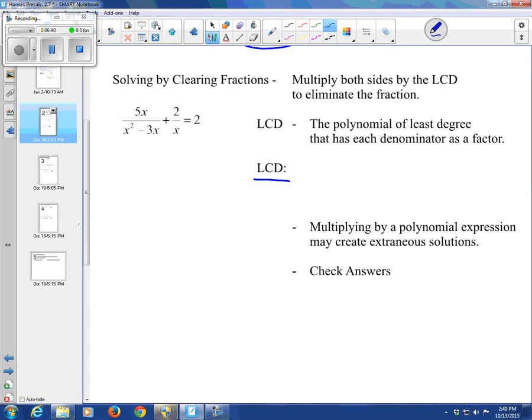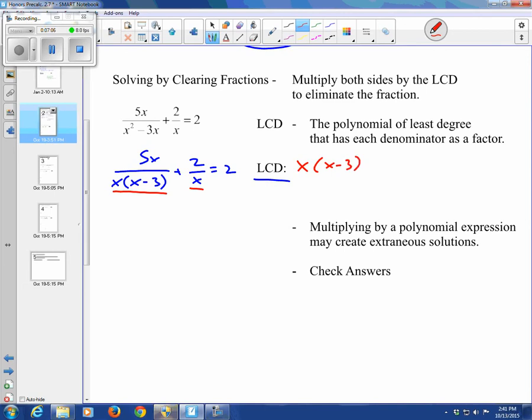To find my least common denominator, the first thing I'm going to do is factor all my denominators. So I have 5x over x times x minus 3, plus 2 over x, equals 2. My least common denominator is going to be the smallest polynomial that has x and x times x minus 3 as factors, and that would be x times x minus 3.